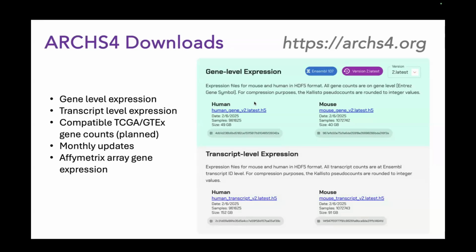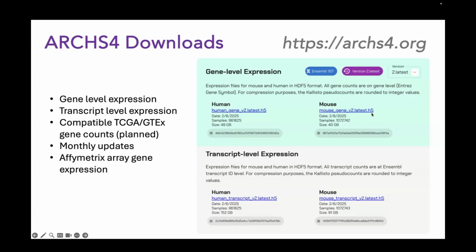And then the main download section is somewhat similar to the old one. The big difference now is that the files get automatically updated once a month, and they get published as gene level expression, and also as transcript level expression, and they're always under the tag latest.